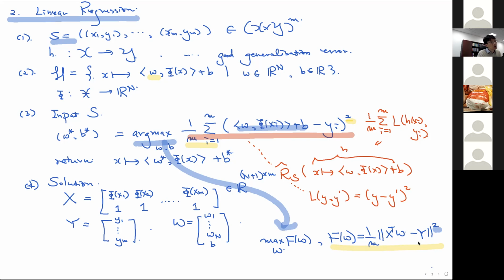So it's a simple quadratic function, especially it's something called a convex function. And furthermore, this function is differentiable. So what we can say is that this f of W has a global optimum, and the global optimum is obtained when the derivative of f is equal to 0.